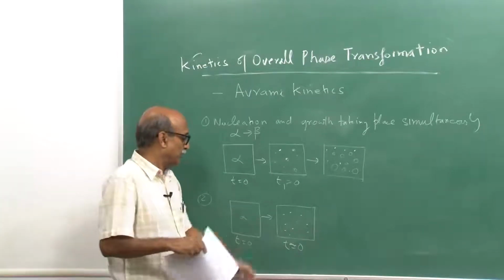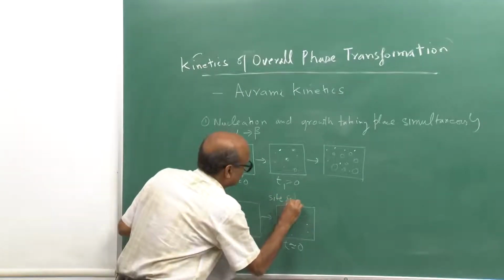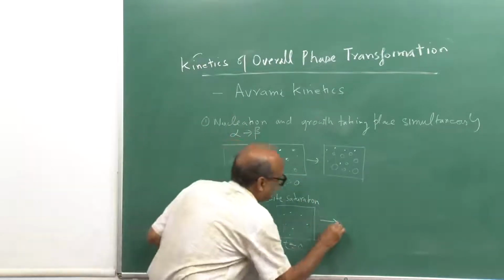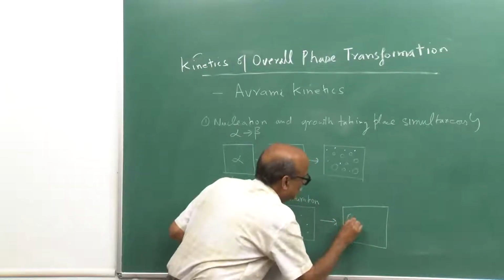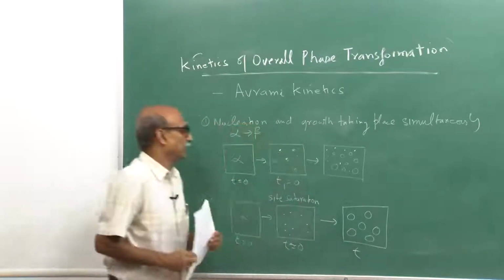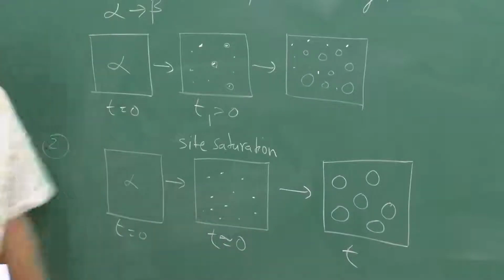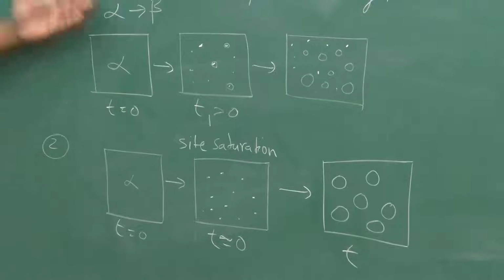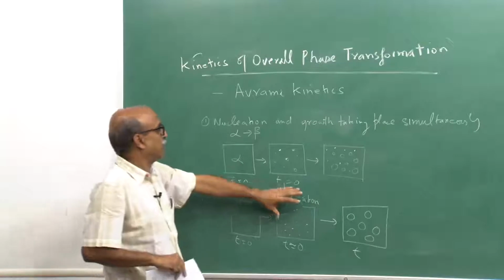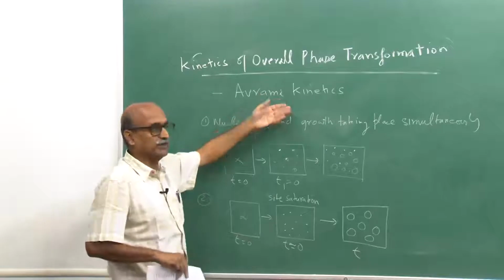So, those sites quickly get saturated. So, there is site saturation taking place, and then after that all the nuclei simultaneously grow, and this is a picture at some time t. This way one can build many different scenarios and they can be combined together into what is known as the Avrami relationship.